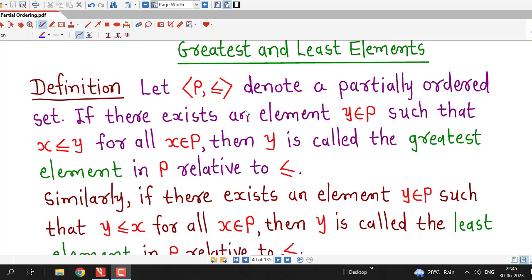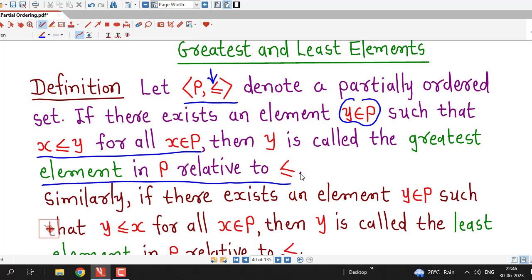So the definition is, suppose we have some partially ordered set denoted by capital P, and this less than or equal to is the partial order relation on that set P. If there exists an element y in a partially ordered set P such that every element of that partially ordered set P is less than or equal to y, then y is called the greatest element in P relative to the partial order relation denoted by less than or equal to.